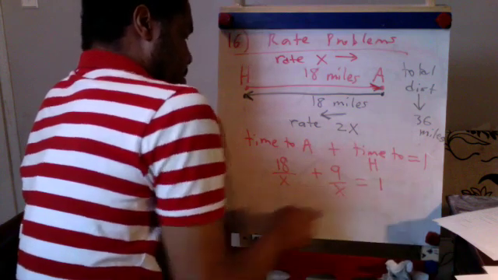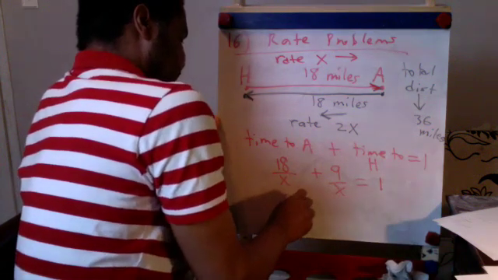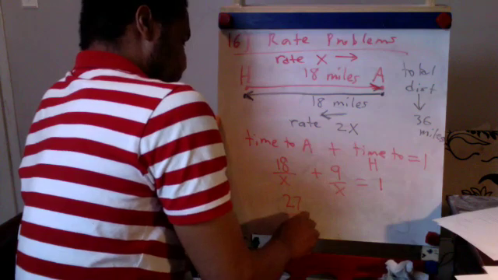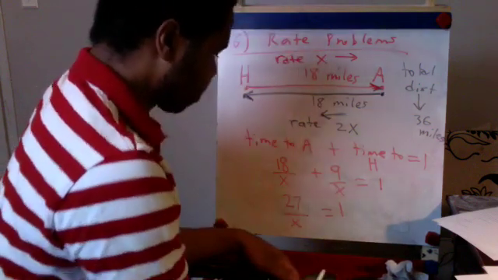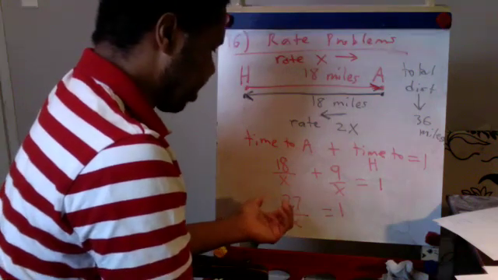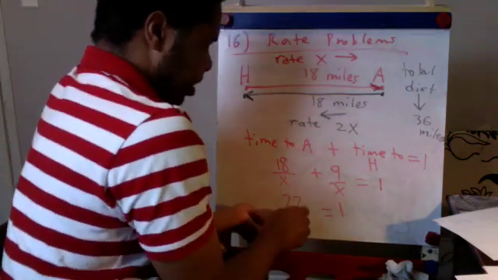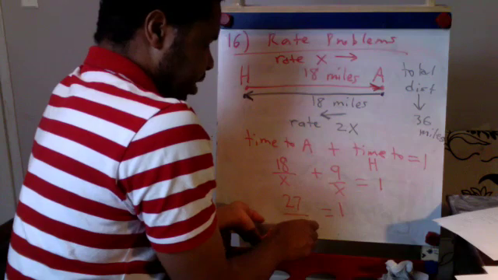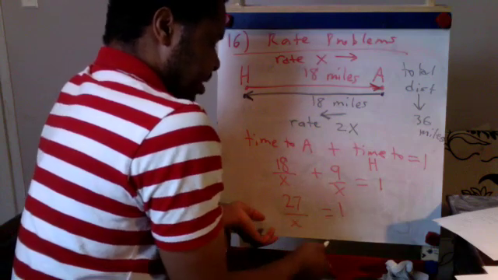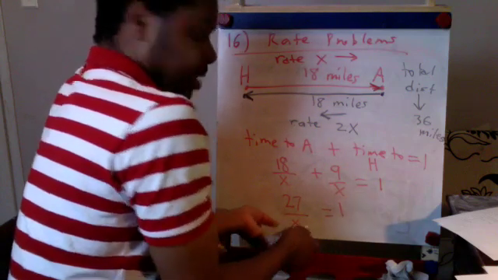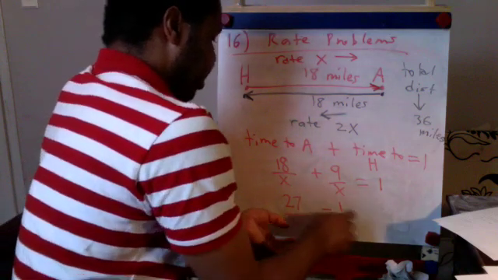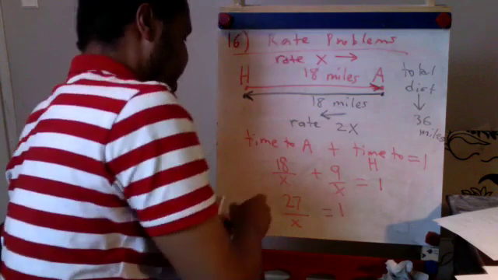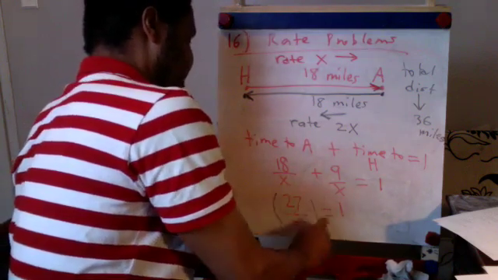That's equal to 1. So that means that 27 over x is equal to 1. So what does that tell us about x? If something over another thing is 1, then x has to be 27. Okay? Another way to see that is you can multiply both sides by x.